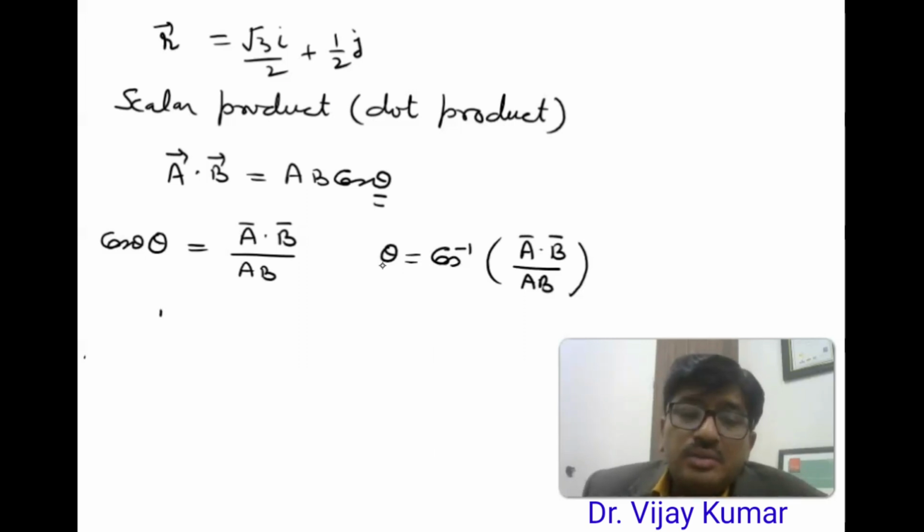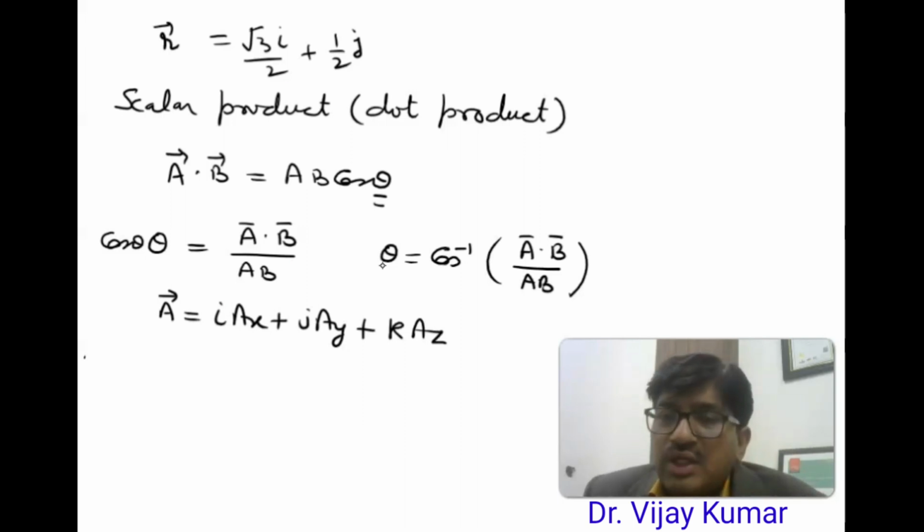And suppose this is vector A, we can write it IAX plus JAY plus KAZ, where AX, AY, AZ are the components of vector A in XYZ direction.